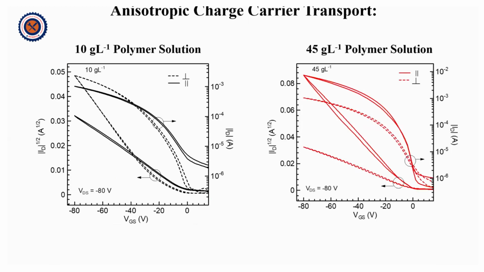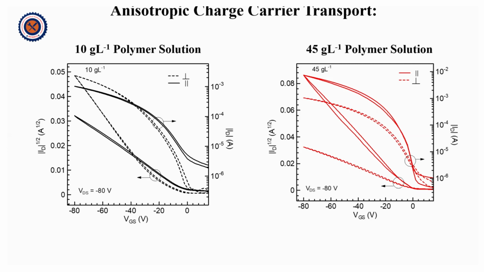Now, we have characterized these two types of polymer solutions and their films, and we have studied the anisotropic charge carrier transport, and we have fabricated organic field effect transistors. You can see this is the transfer characteristic of the organic field effect transistor. Here we can clearly see that the 45 gram per liter polymer solution based organic field effect transistor has much higher mobility as compared to the 10 gram per liter polymer solution based transistor.